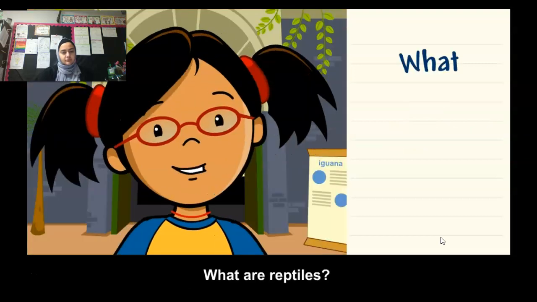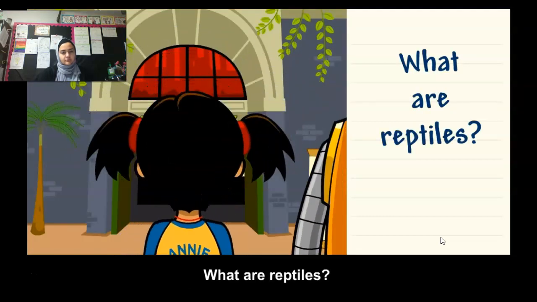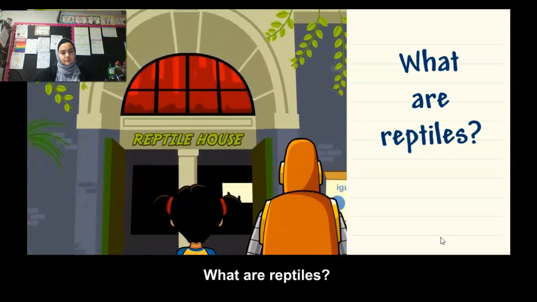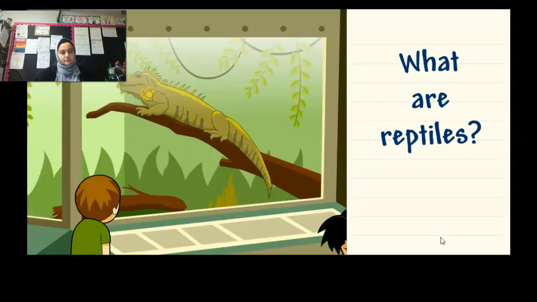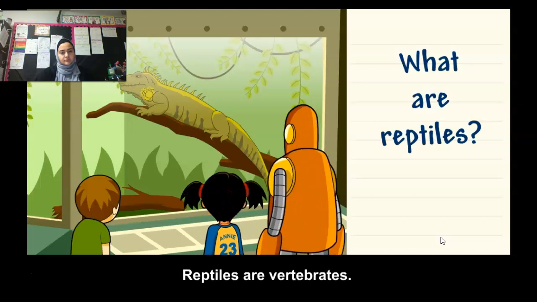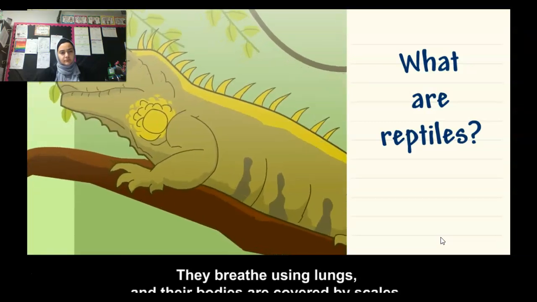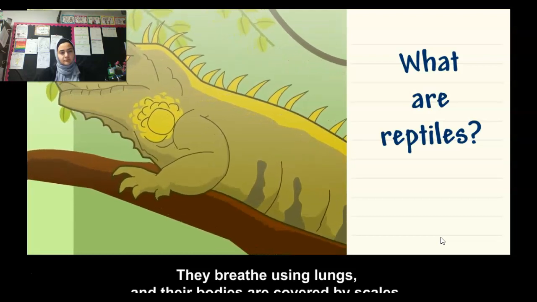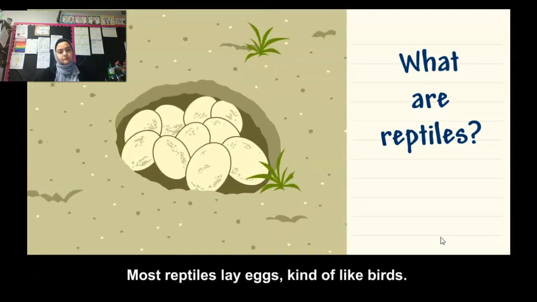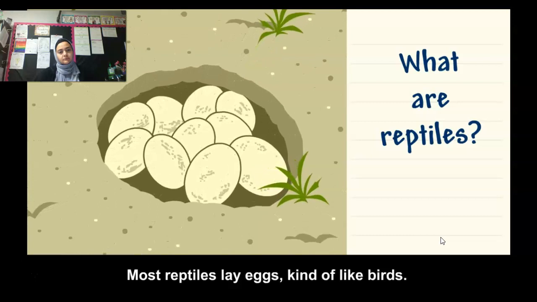What are reptiles? Reptiles are vertebrates. They breathe using lungs, and their bodies are covered by scales. Most reptiles lay eggs, kind of like birds.